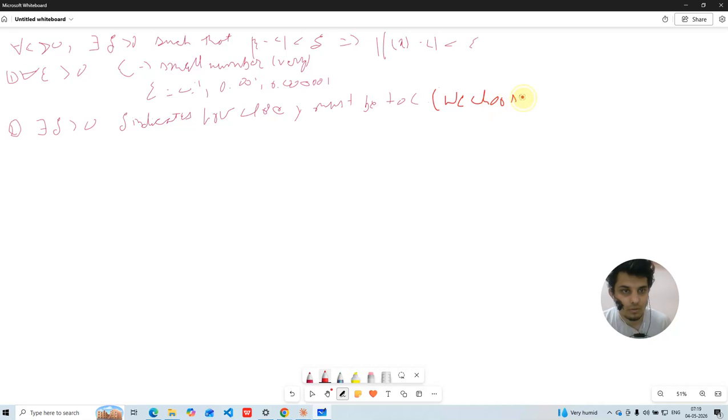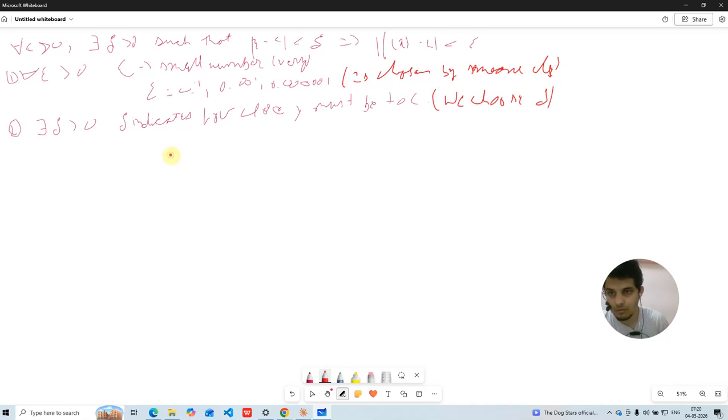Epsilon is chosen by someone else. This is actually the tolerance. I mean, we can also choose it, but it is the amount of accuracy, the precision that we want in our computation. Mod x minus c should be less than delta.